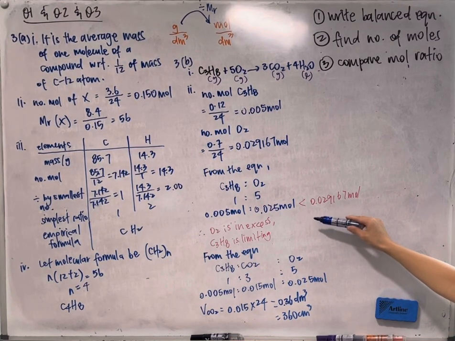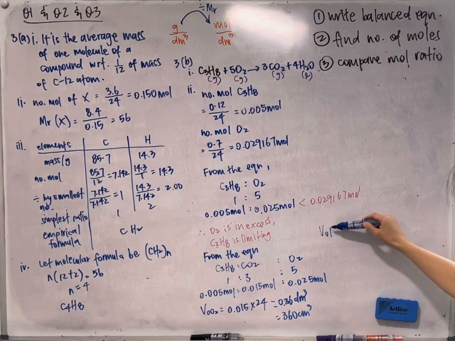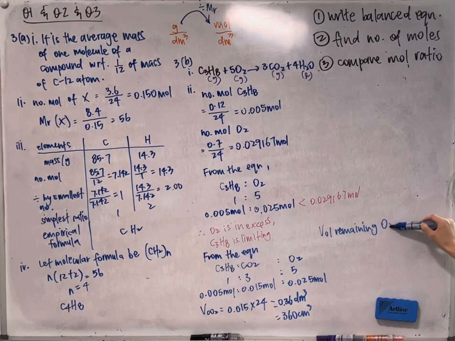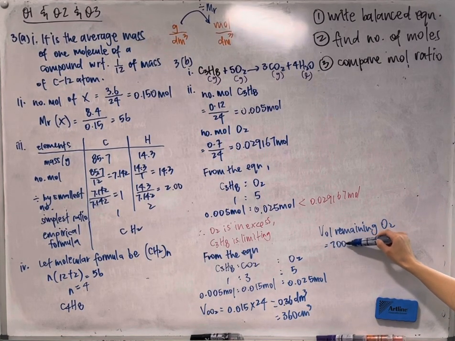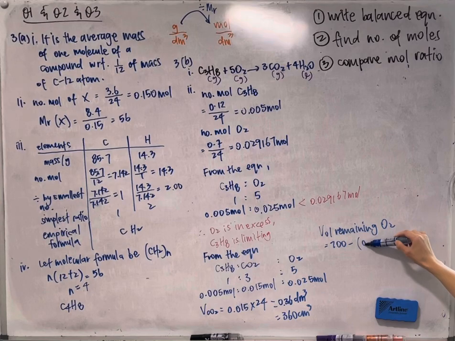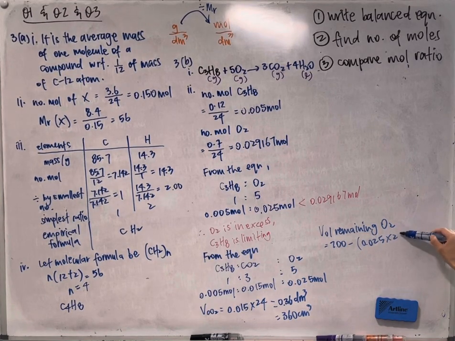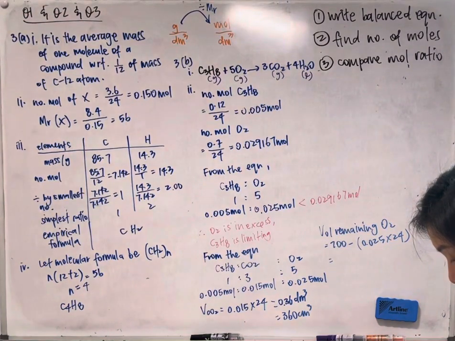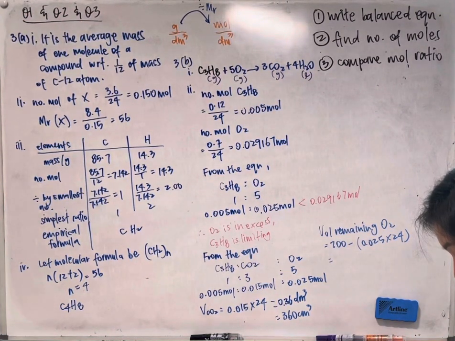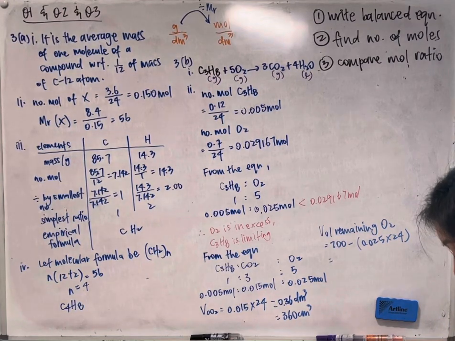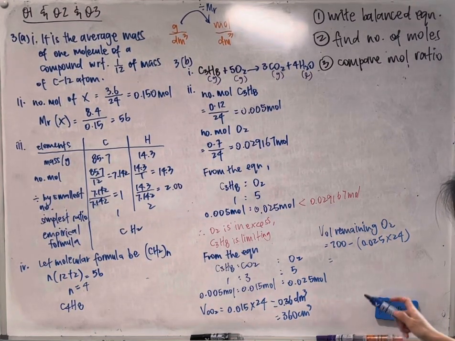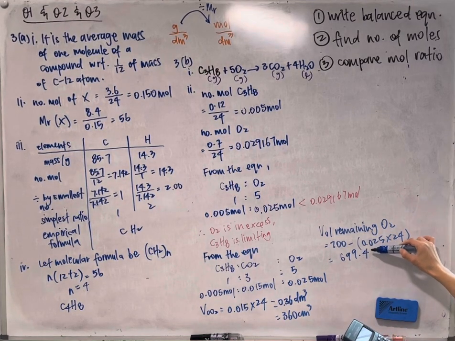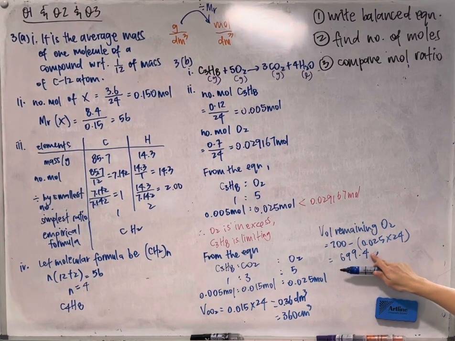So again, volume of oxygen remaining, minus 0.025 times 24. I got 600.4 cm cubed.